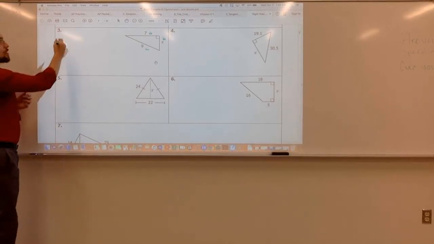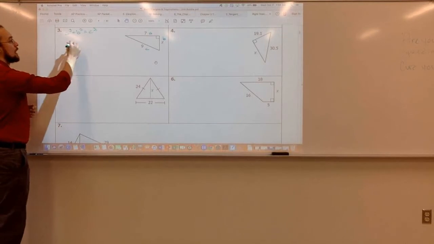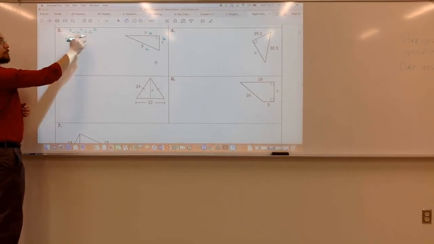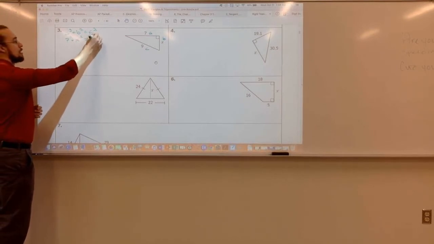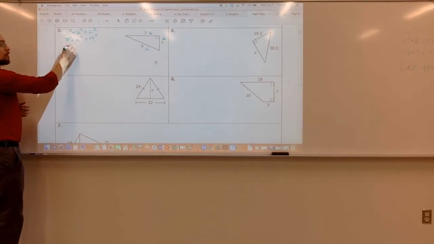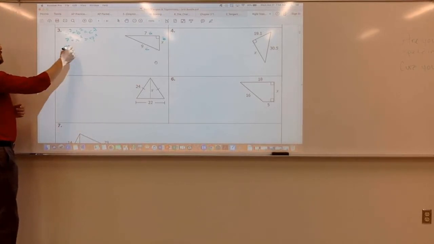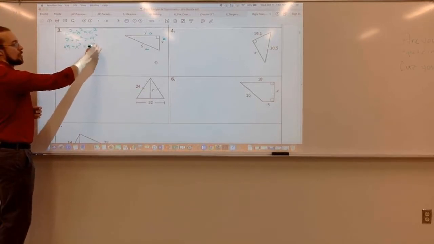If I set this up, A squared plus B squared equals C squared. My A is 7. My B this time is my X. And my C is 9. So square both of our numerical values. 7 squared is 49 plus X squared equals 81.